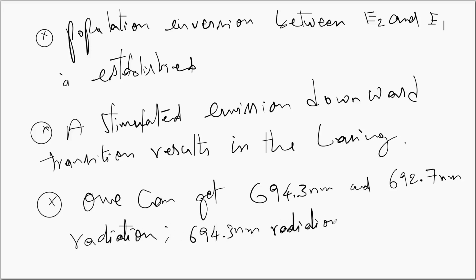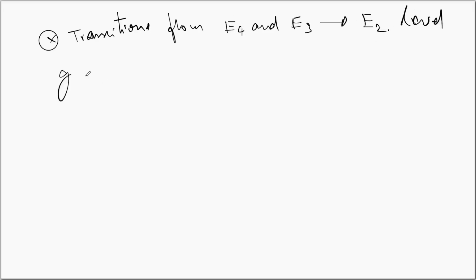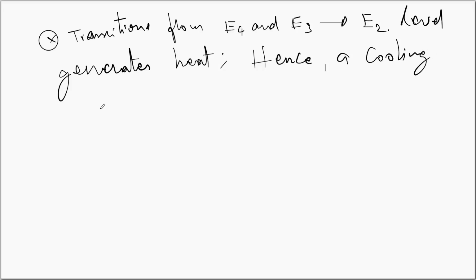The 694.3 nanometer radiation will be much greater in intensity than the 692.7 nanometer radiation. Transitions from E4 and E3 to the E2 energy level generate heat. Hence, cooling is provided.